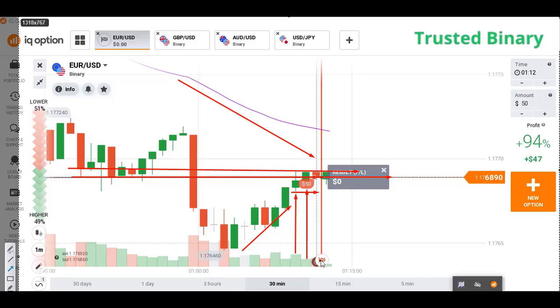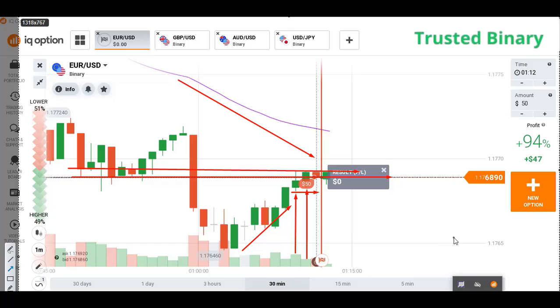That's why I placed my trade in the lower direction, and this is my ATM, no profit, no loss trade, because of the fast momentum of this market.